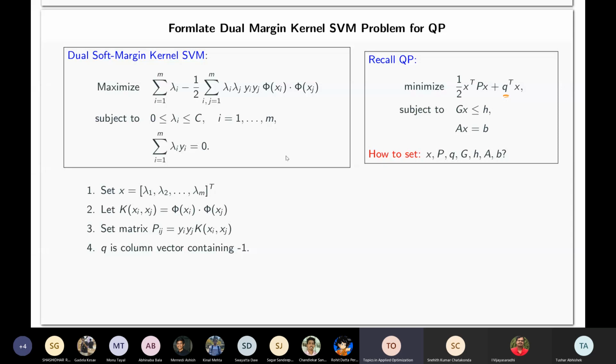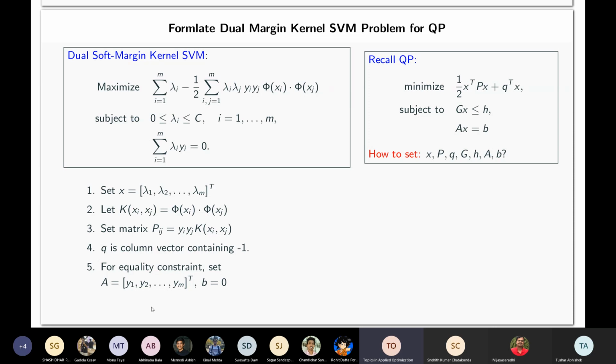My goal is also to change this into minimize, because maximize will become minimize if I do that. So I'm trying to minimize, and then minus lambda I, because I'm also changing this. Maximize is the same as minimize of the negative of the objective, right? So this is like +½ and then lambda i, lambda j, yi, yj, phi xi, phi xj. That's why the Q will be -1s. That will be appropriate.